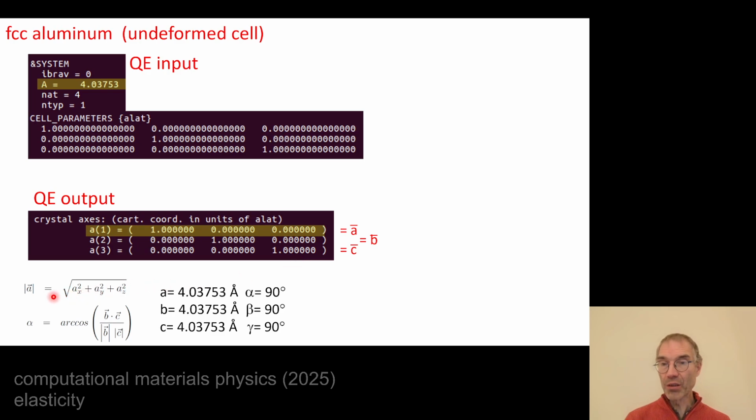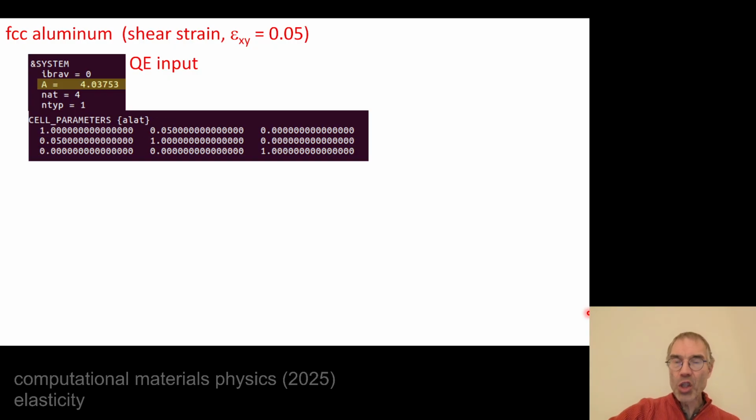I can in general get the length of these lattice vectors, so the square root of the sum of the squares of these 3 components, and I can get the angle alpha between the B and C direction and beta between the A and C direction, and so on. And well, this is all very trivial for this unit matrix. If you apply that, you get 3 times the same lattice parameter and 3 angles that are 90 degrees. Nothing surprising.